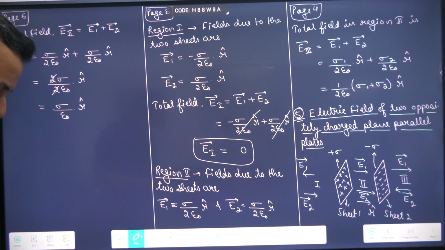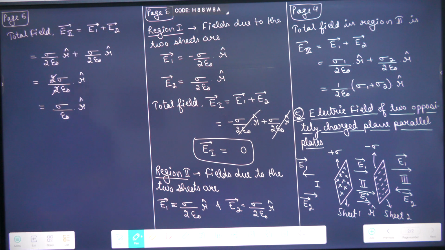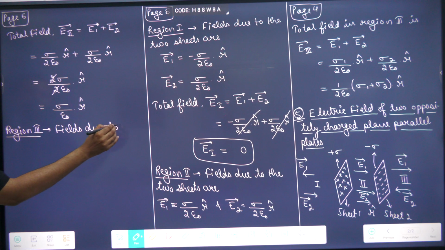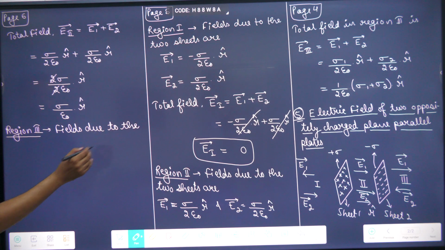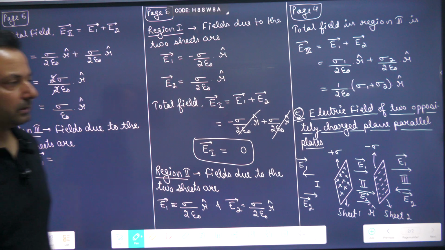Yes. Similarly, in region third, fields due to the two sheets are, first of all, E1 vector.